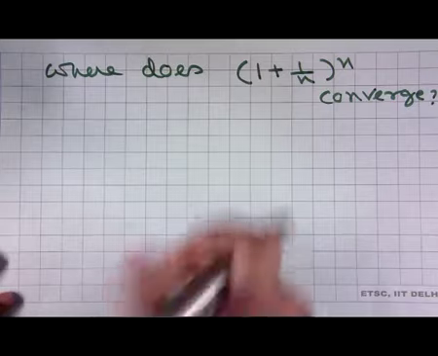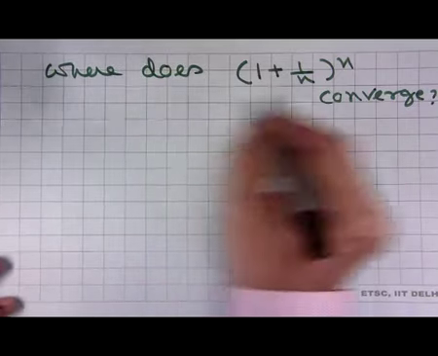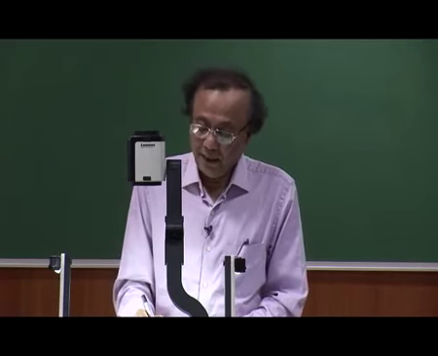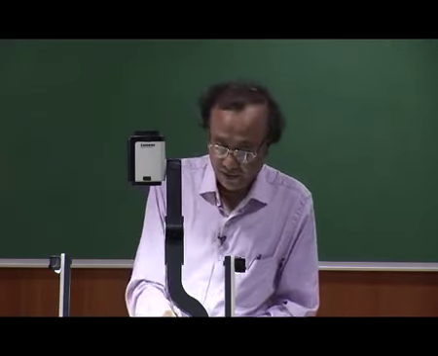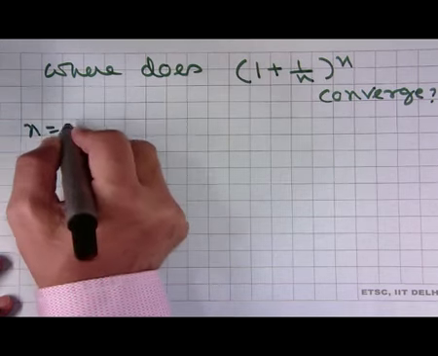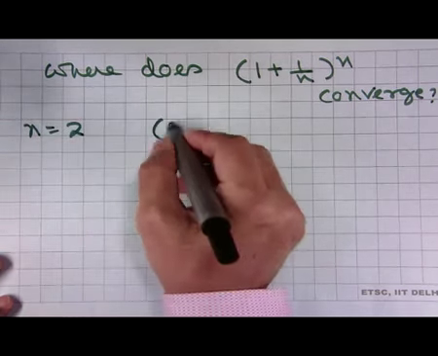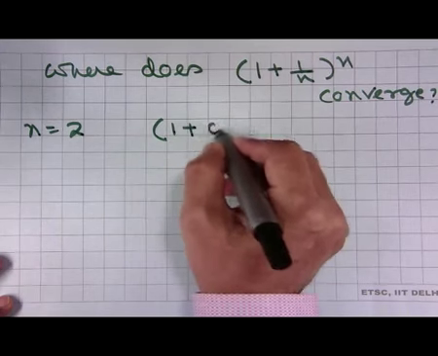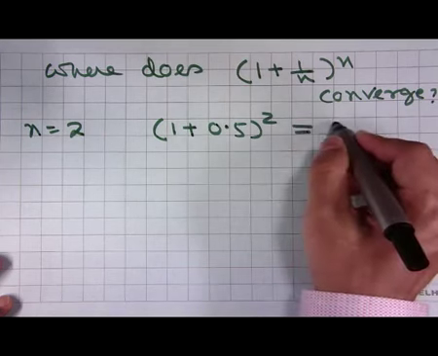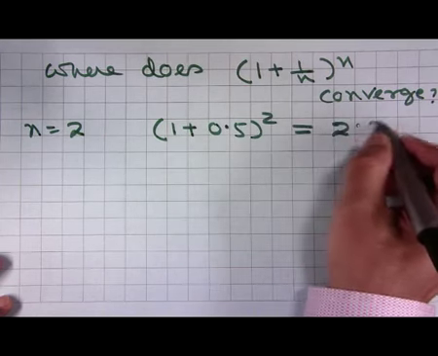So, I wanted to calculate for your benefit the value of this at some n points. For example, at n is equal to 2, it is 1 plus 0.5 whole square, which is equal to 2.25.